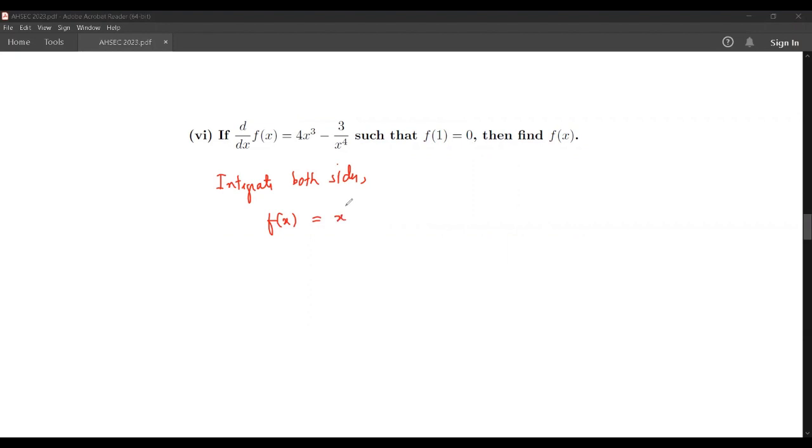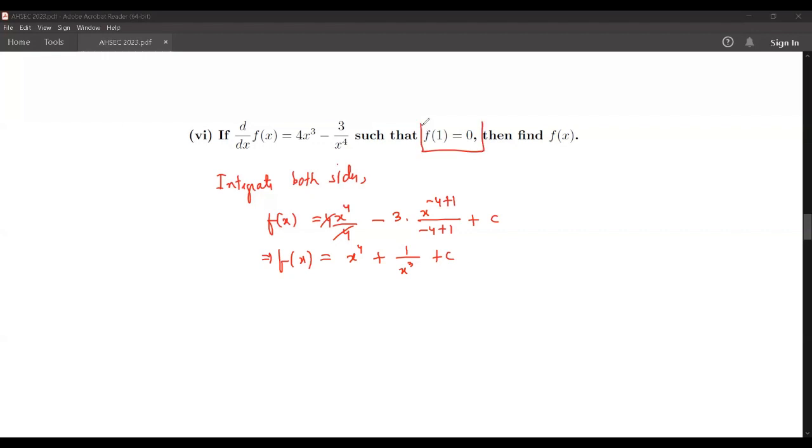If you integrate, this will be x to the power 4 by 4 into 4, and this will be 3 times x to the power minus 4 plus 1 by minus 4 plus 1, plus integral constant. Okay, so how much are we getting? Here 4 gets cancelled. Here 1, and 3 will come, minus. So this will be x to the power 4 plus 1 by x cube plus c. This is my f of x.